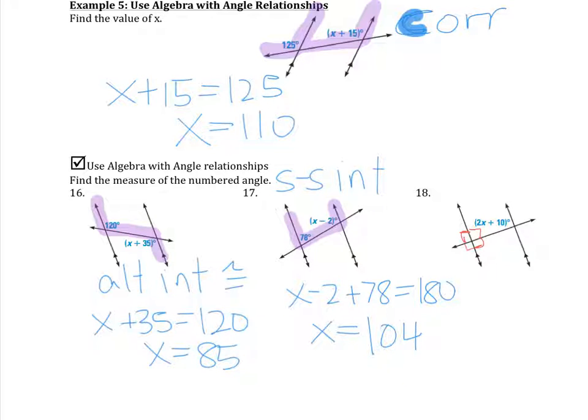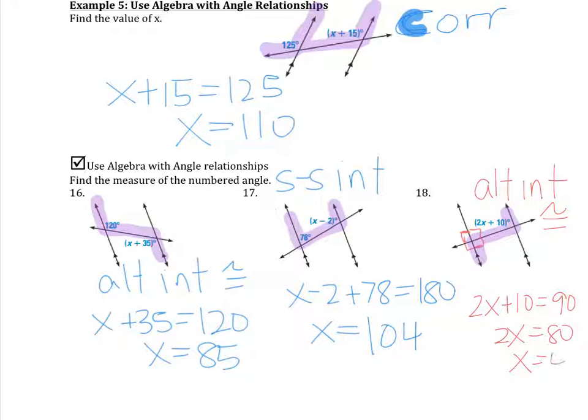So then you can do alternate interior if you want, or same side interior. Either one. I'm going to do alternate interior. Alternate interior are congruent. So 2x plus 10 equals 90. So x equals 40.